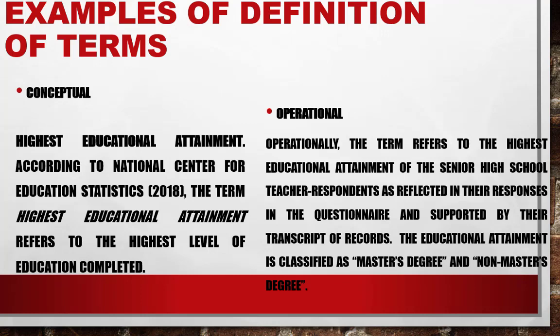The educational attainment is classified as master's degree and non-master's degree. Actually, the researcher classified it into master's and non-master's degree, but we know that there are other levels of educational attainment like bachelor's or baccalaureate with units, master's degree with units, PhD with units, and PhD degree. So it's up to the researcher how he categorizes that variable. As mentioned in the previous slide, it is concrete and therefore it can be measured.